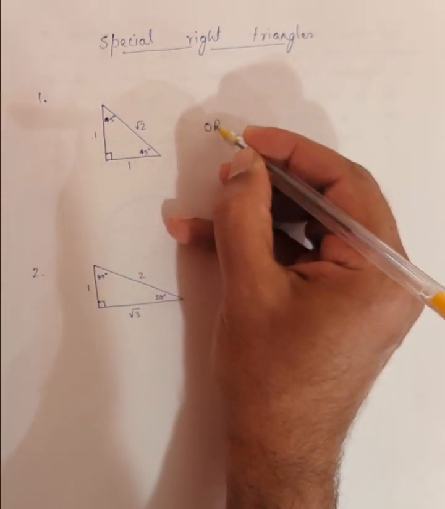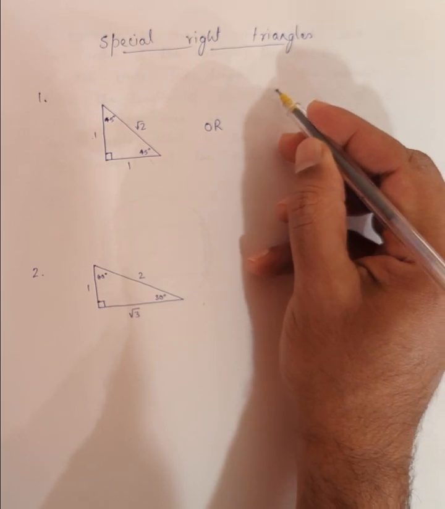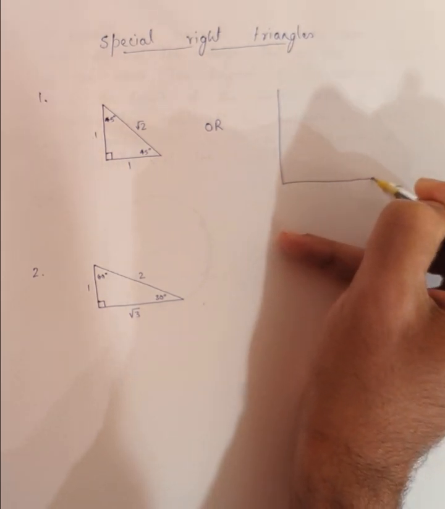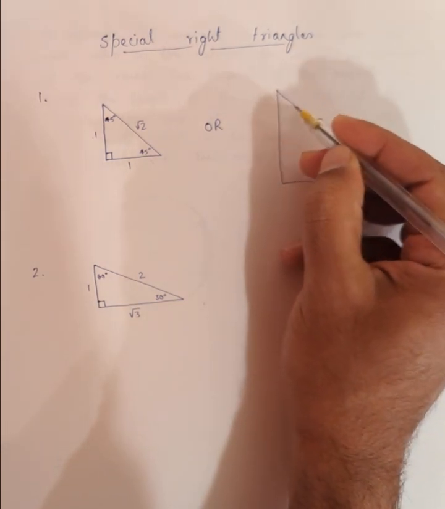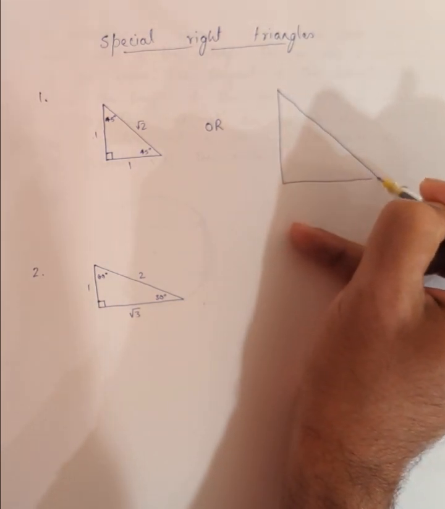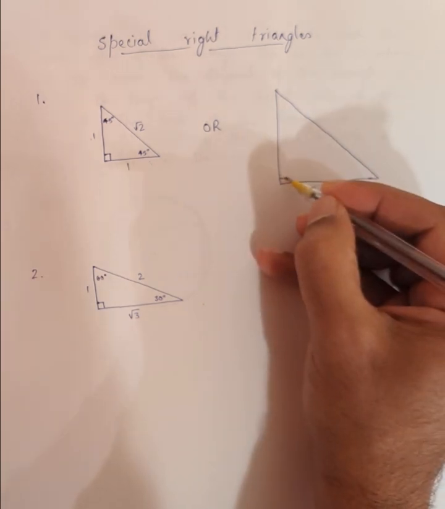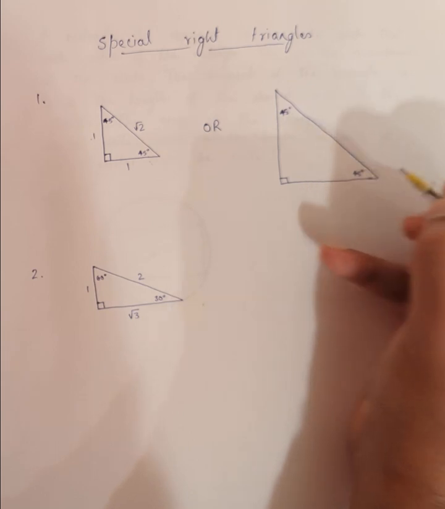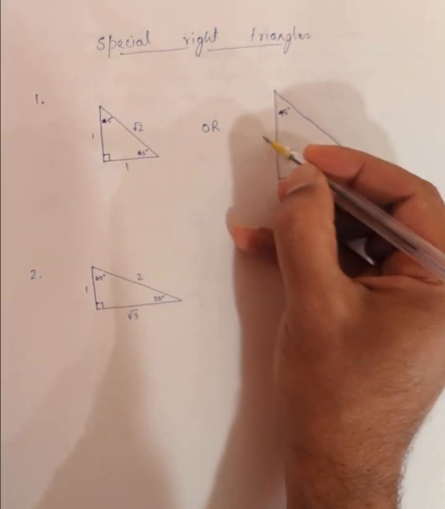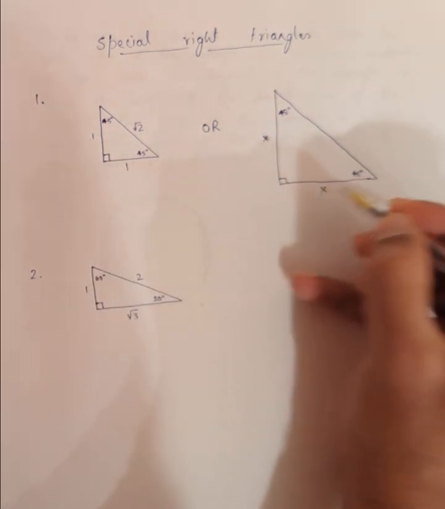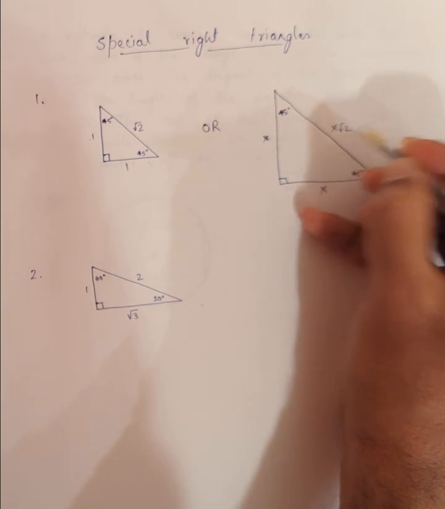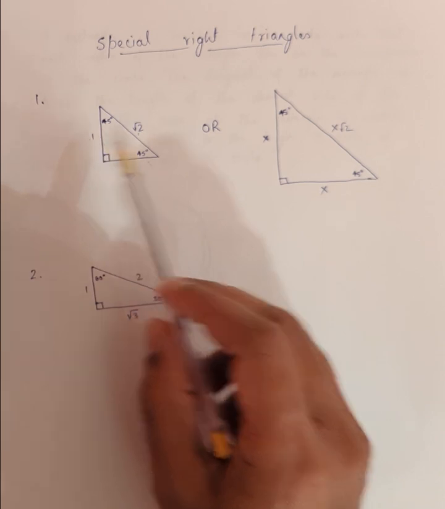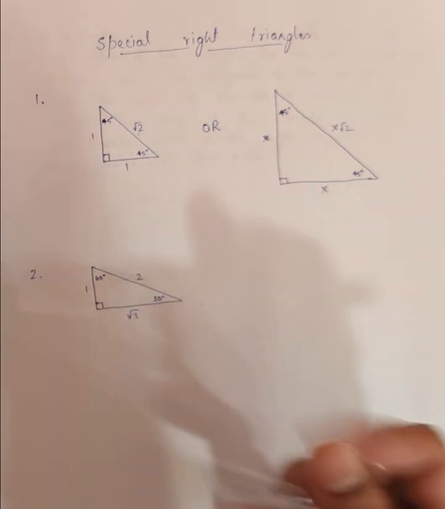Or you can make it any size as long as they're similar, which means as long as all the angles are the same. So if you have 45, 45, 90, we can take this to be x, then this is also x, and that's going to be x root 2. So what it says is the diagonal is square root 2 times one of the legs.